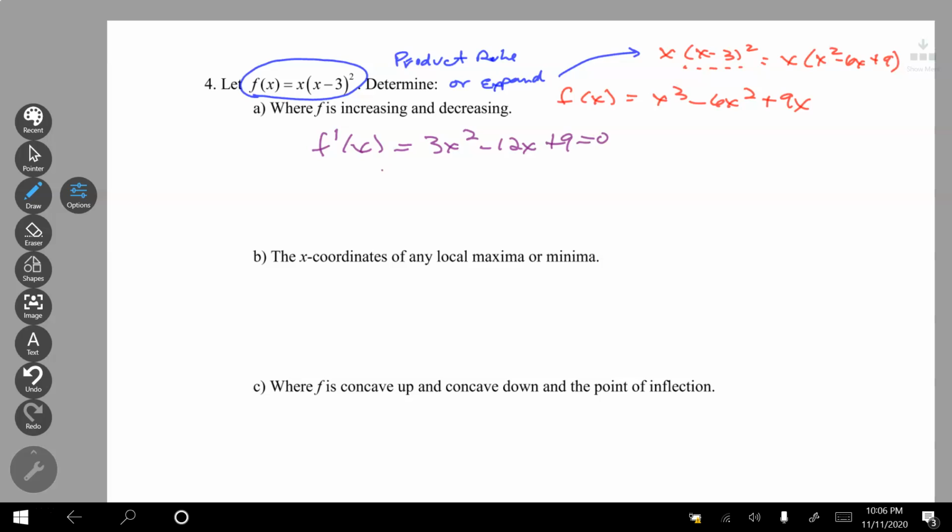I set that equal to 0. I see I have a 3 in common. x squared minus 4x plus 3 is equal to 0. I can factor it even more: (x minus 1)(x minus 3). So I get x is equal to 1 and 3. Those are my critical points.